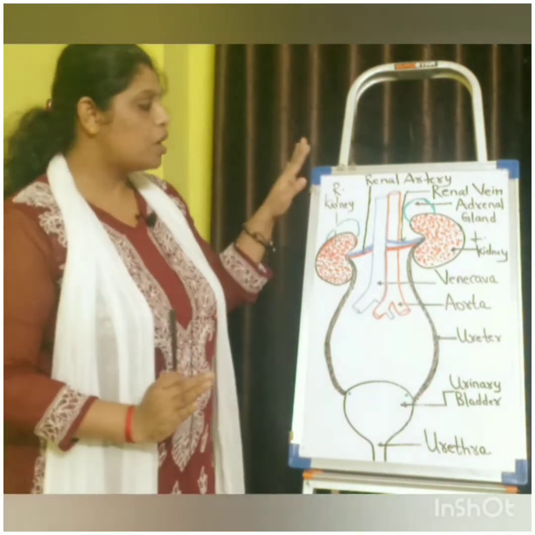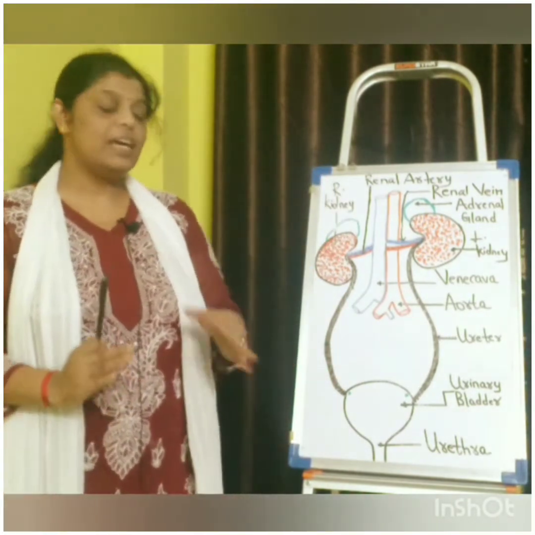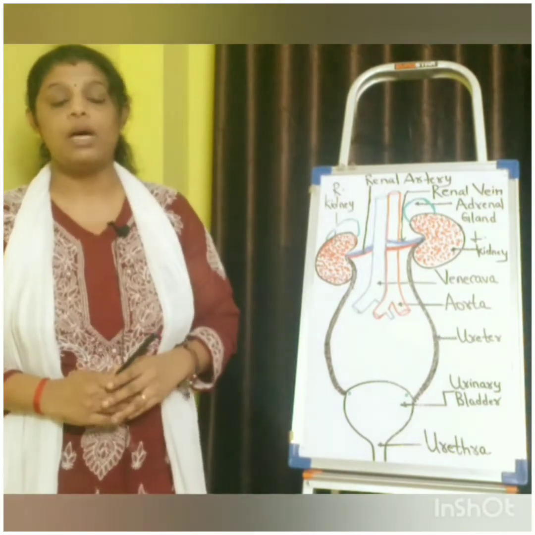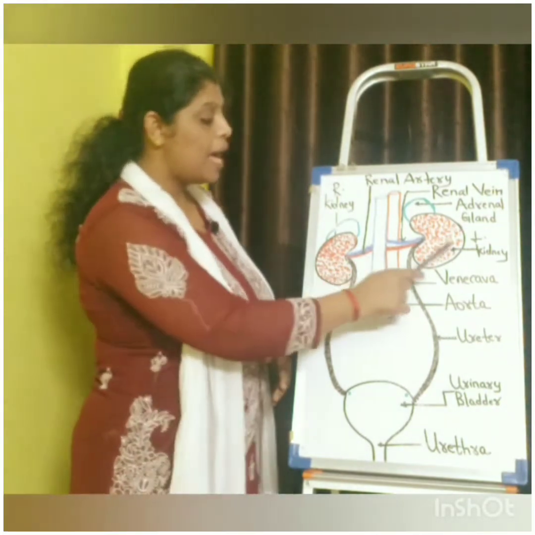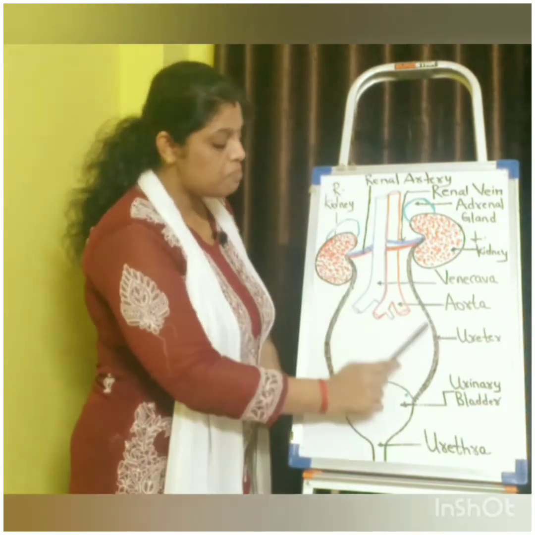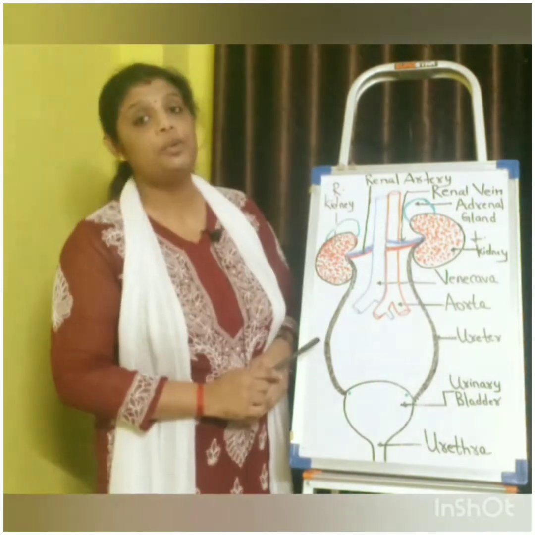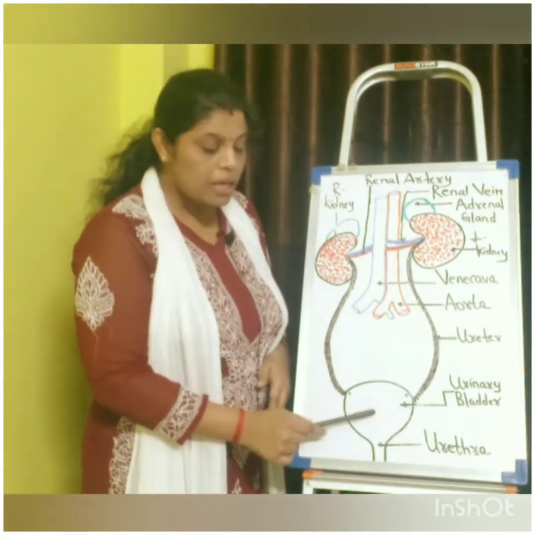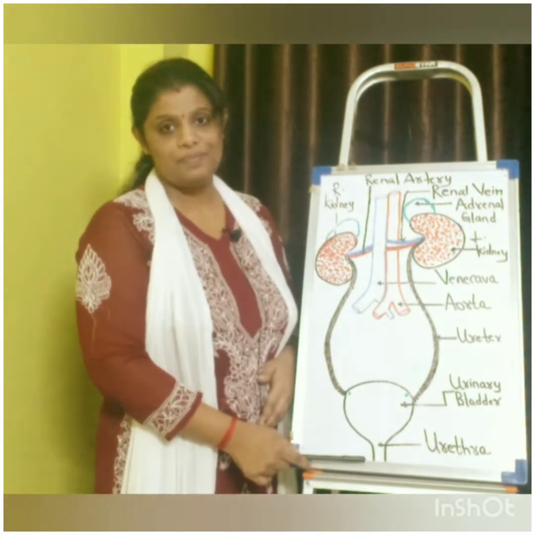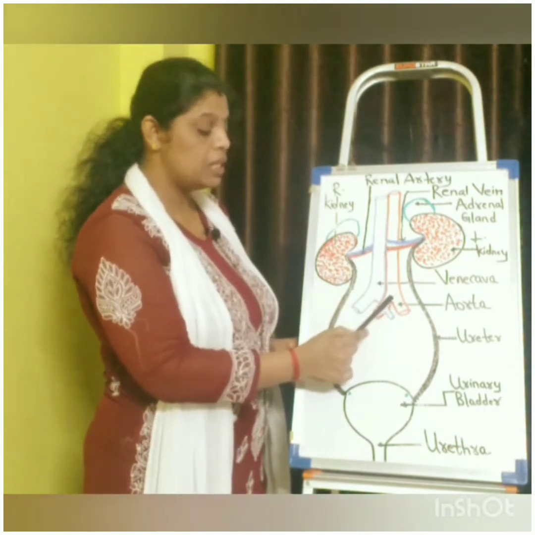Now, if I talk about the entire structure, the entire parts of the excretory system, the entire excretory system comprises a pair of kidneys, a pair of pipe-like, tube-like structures called ureters, one urinary bladder and one urethra. This red color structure is nothing but the aorta.